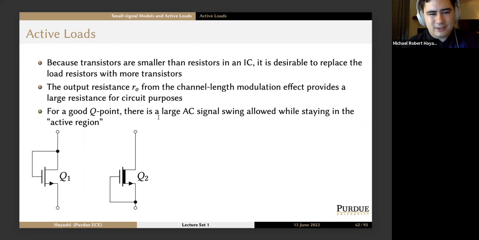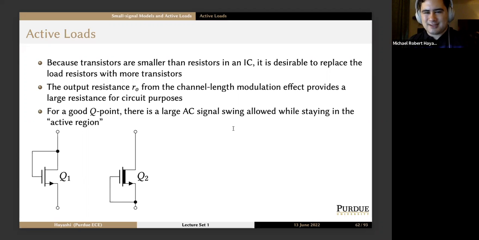For a good Q point, there's a large AC signal swing allowed while staying in the active region. Basically, if you go back to the ID versus VDS characteristics, because the early effect has this very shallow slope, you get a large range of variation in VDS for a small variation in ID.